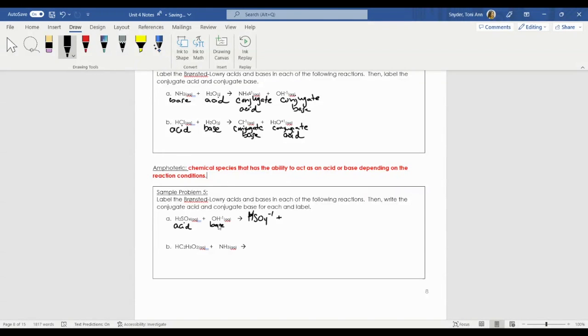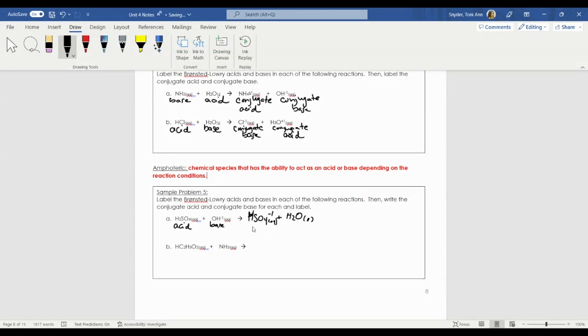So if I have H plus 1 and OH minus 1, I'm left with just water. And water is a liquid. Notice how the charges also balance out. So on my reactant side, I have an overall charge of -1. On my product side, I also have an overall charge of -1.